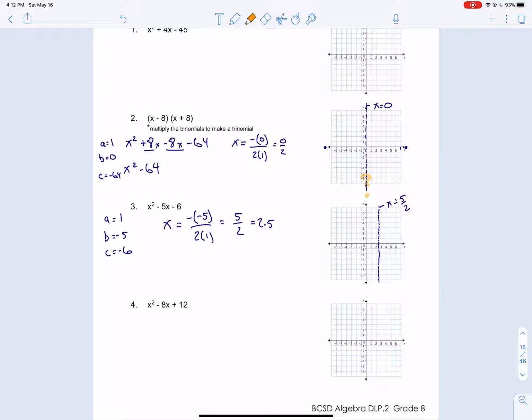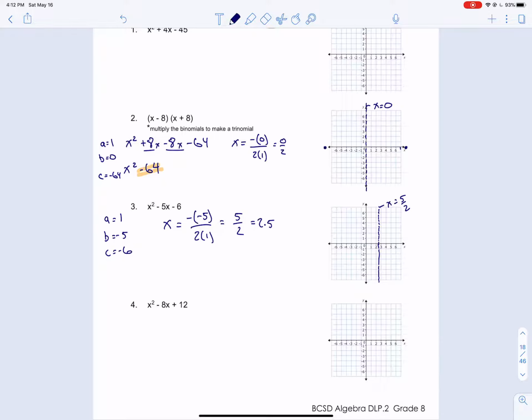Actually, we don't even need to do that because we know the y-intercept. And if we look at the multiplied trinomial, well, in this case only binomial, remember this number, just like in our linear equations, that constant term, or c in this case, is going to be our y-intercept.